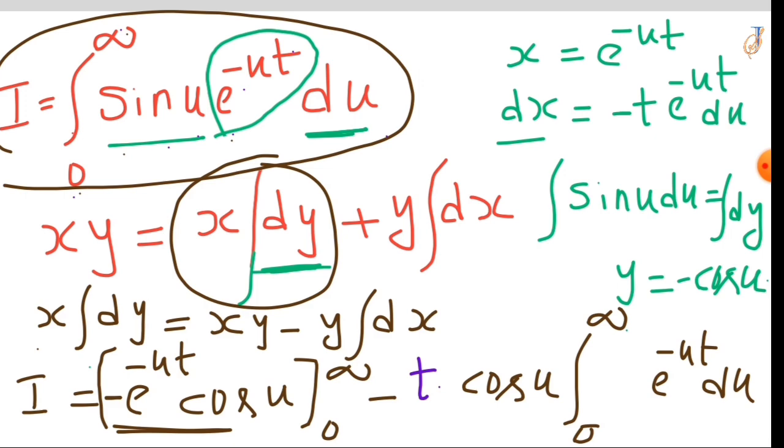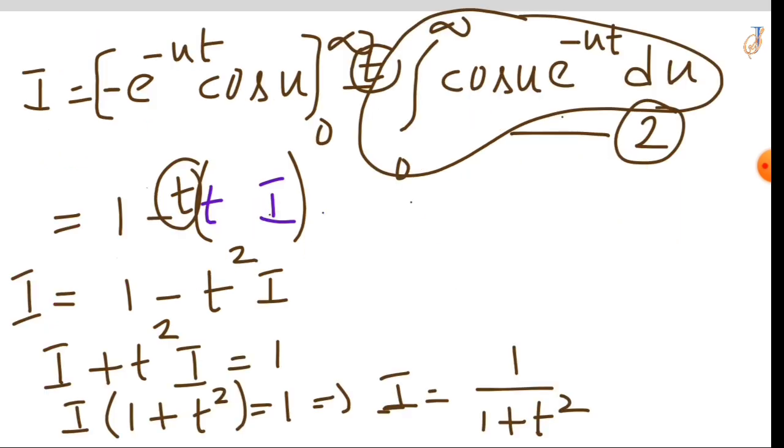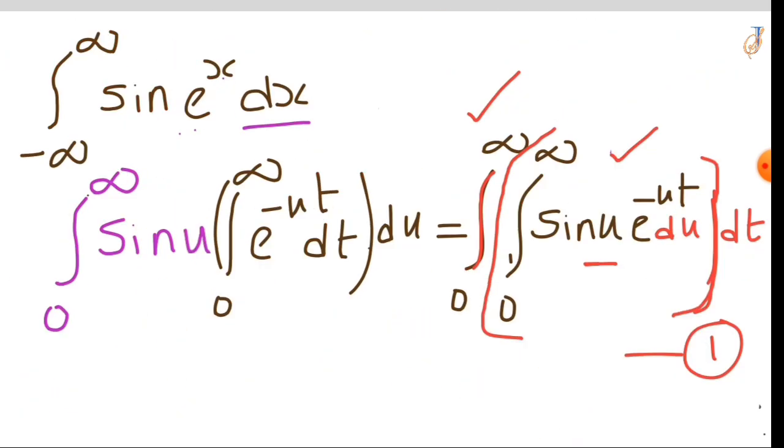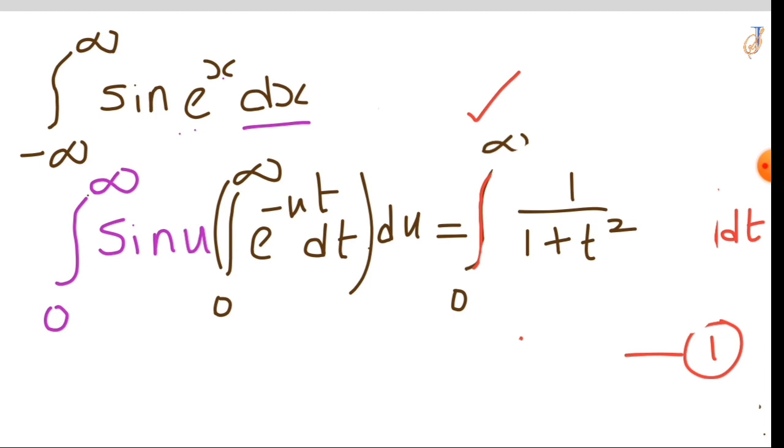Let's go back to the first equation. So we are done with the inside term, isn't it? The value is 1 over 1 plus t power 2. So the inside part is done, that is 1 over 1 plus t power 2. For this integral of 1 over 1 plus t power 2 dt, the formula is tan inverse of t.